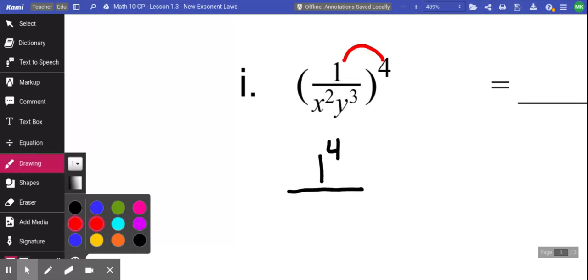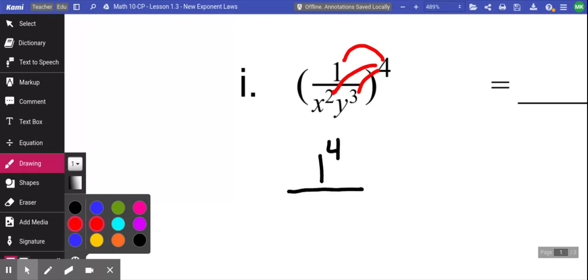Then it's also going to go to the x squared and to the x to the power of 3. When I'm bringing the exponent in, that's like having a power of a power. So that's multiple exponents now, right? This is x to the power of 2 to the power of 4. So what do I do when I have multiple exponents like that?